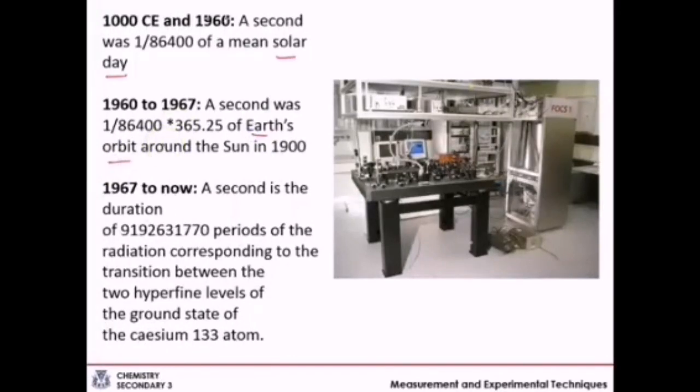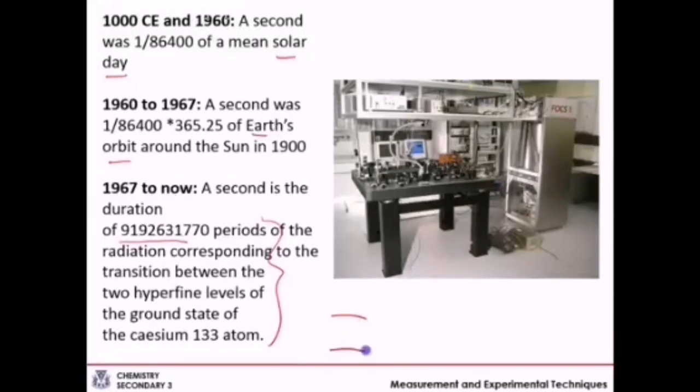And from 1967 to now, a second is the duration of 91926317770 periods of radiation corresponding to the transitions between the two hyperfine levels of the ground state of the cesium-133 atom.